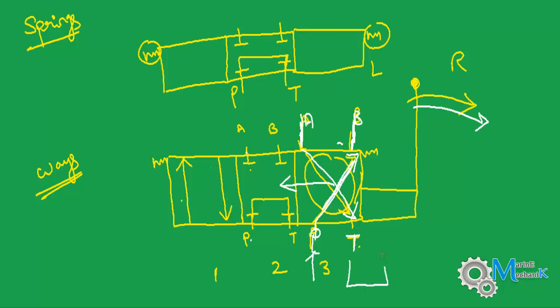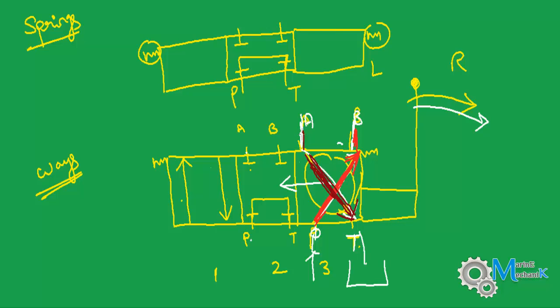That goes to the tank. So let me indicate the high pressure fluid which is entering through port P as red in color. That's high pressure. It goes through port B, and then the low pressure or the exhaust comes through, let me use black color. The exhaust comes through, sorry, I'm using brown.